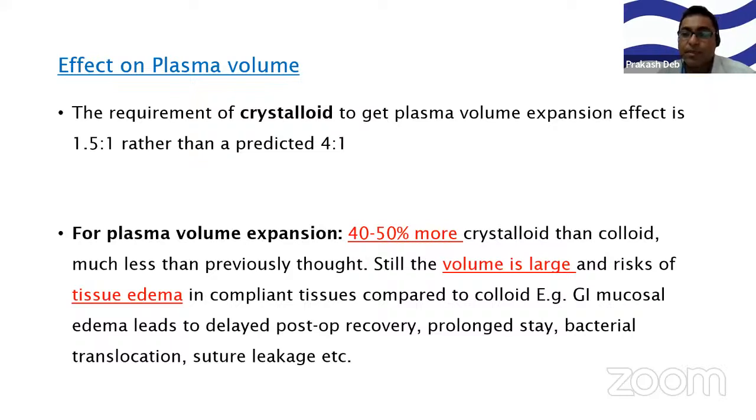This volume is much lesser than what we earlier used to think and administer, but this amount is sufficiently large to cause edema in compliant tissues. Like if you are doing GI surgeries, and those surgeries where there is a chance of edema which is going to hamper the postoperative recovery, then you have to be very careful using crystalloids for plasma volume expansion.